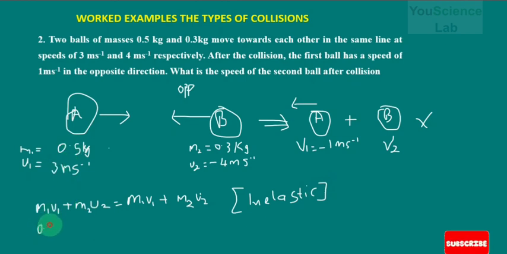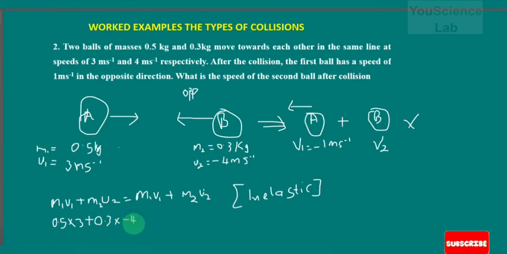Now m1 is 0.5 times u1, 3, plus m2, 0.3, times u2, that's minus 4, is equal to m1, 0.5, times v1, that's minus 1, plus m2, 0.3, times v2.